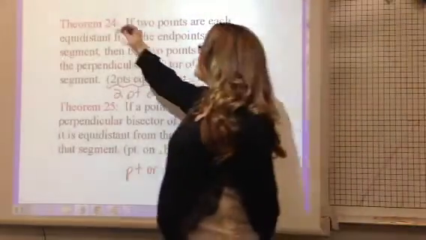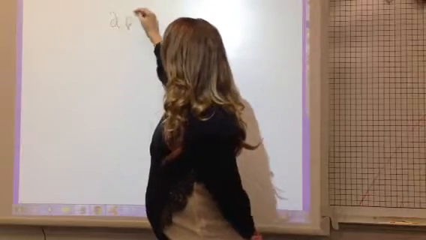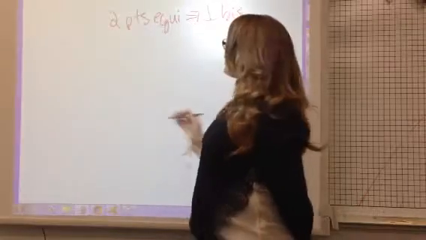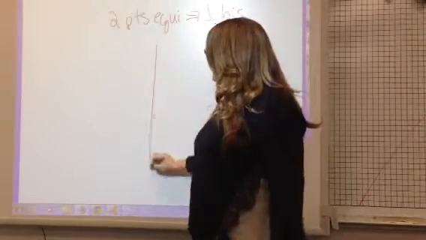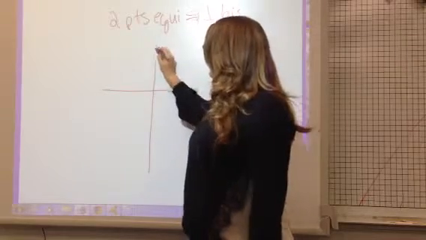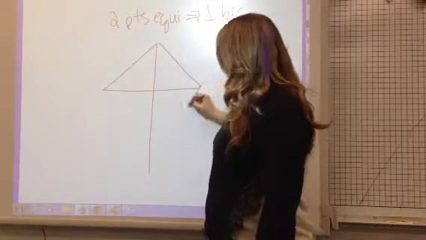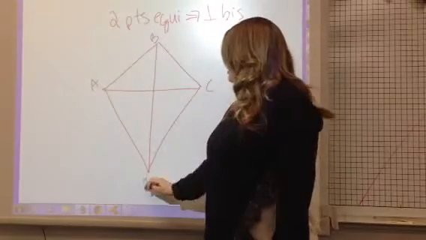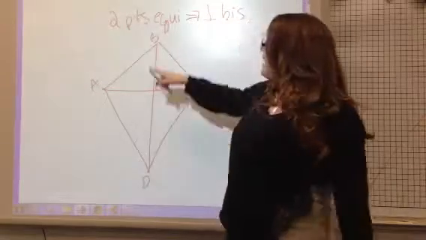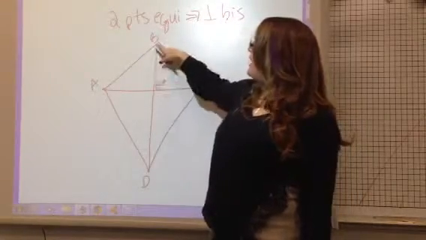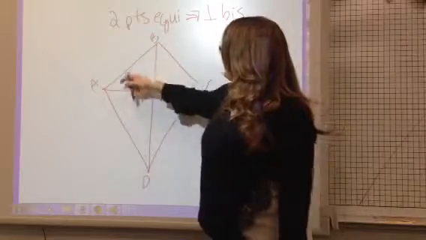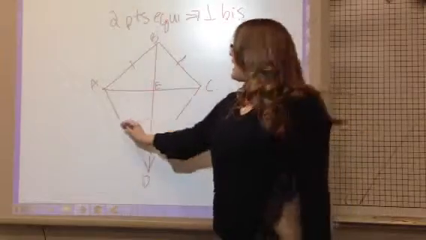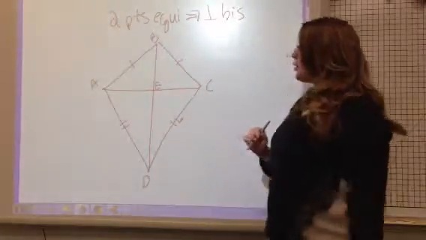Okay, to talk about the first one, 2 points equidistant implies perpendicular bisector. If I go back to one of those examples that we've already had, if I know that A is equidistant here and here, and I know that these are congruent as well.